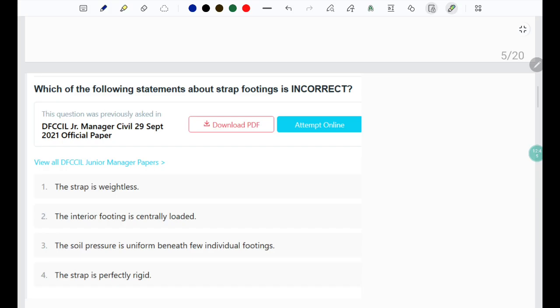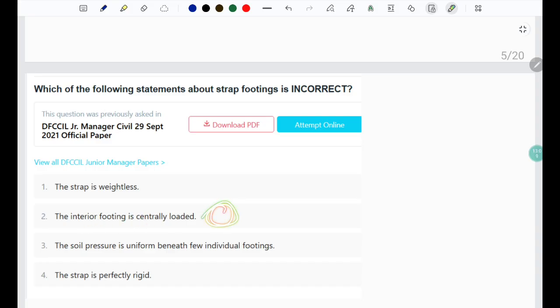Then it says, which of the following statements about the strap footing is wrong? As I said, strap footing joins two footings. It says it is weightless. Yes, it is considered weightless. The second point says that the interior footing is centrally loaded.